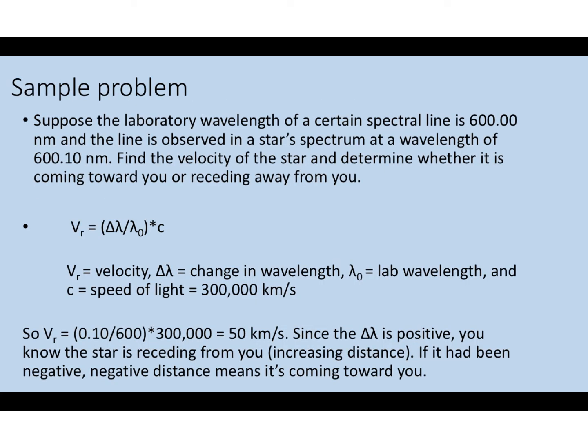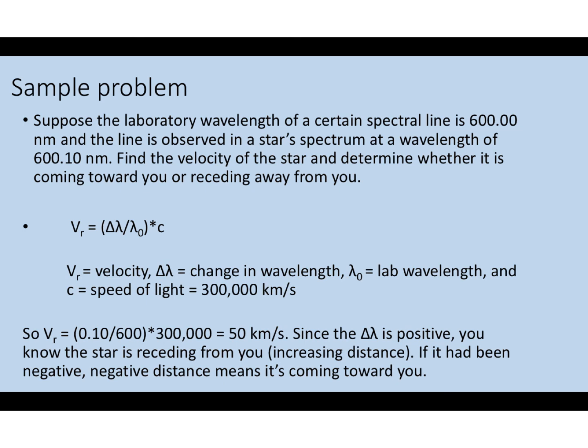Suppose the laboratory wavelength of a certain spectral line is 600.00 nanometers, and the line is observed in a star's spectrum at a wavelength of 600.10 nanometers. Find the velocity of the star and determine whether it's coming toward you or receding away from you.